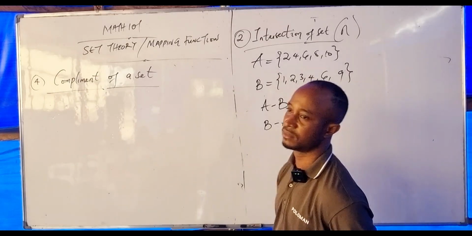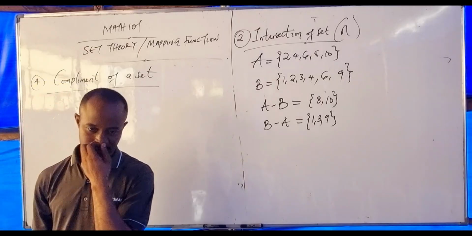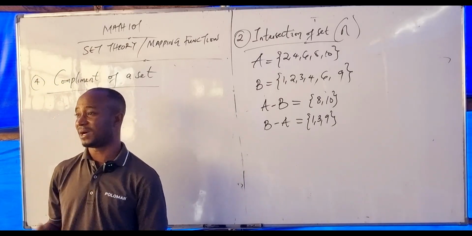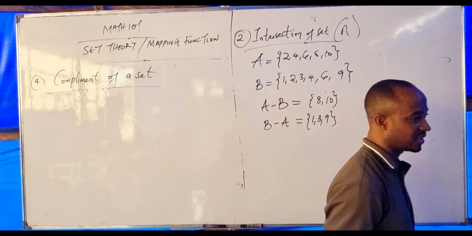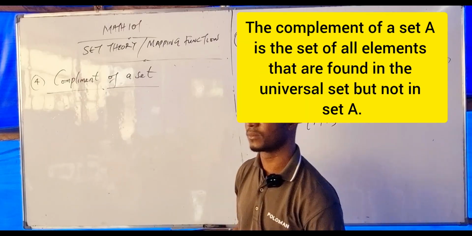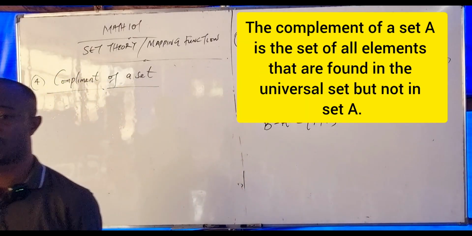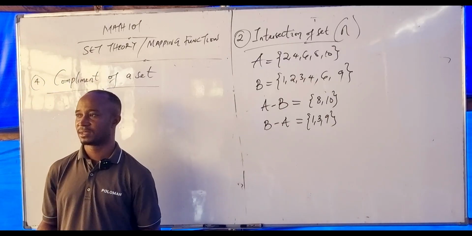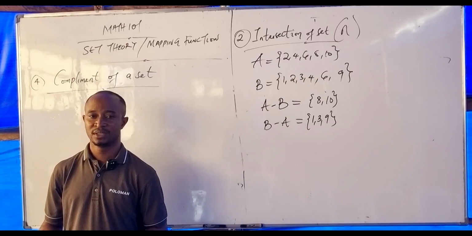The complement of set A includes all the elements that are found in the general set, but not found in set A. This morning I explained what a general set is. What is a general set?